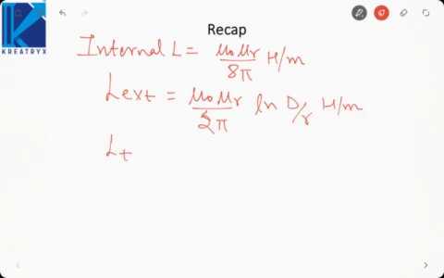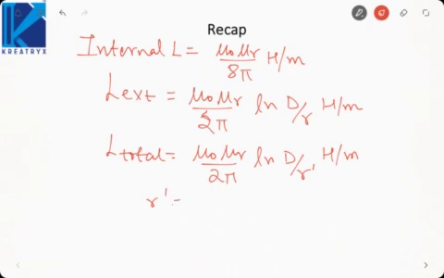Then we saw total inductance, which was mu naught mu r by 2 pi ln d by r prime Henry per meter, where r prime is the GMR, which is equal to 0.7788 R.